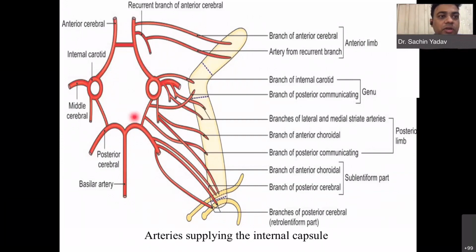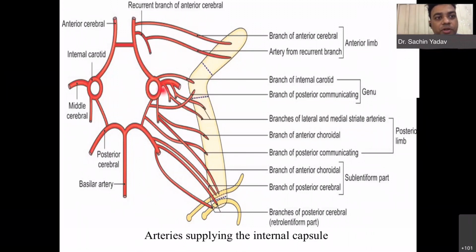Almost all parts of the internal capsule are supplied by branches of the circle of Willis on each side. The anterior cerebral artery supplies the anterior limb.